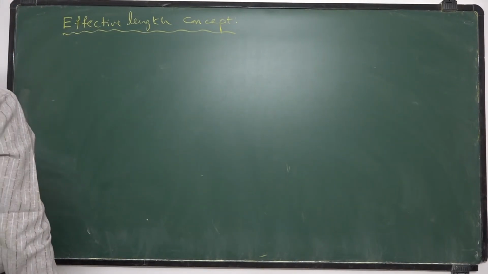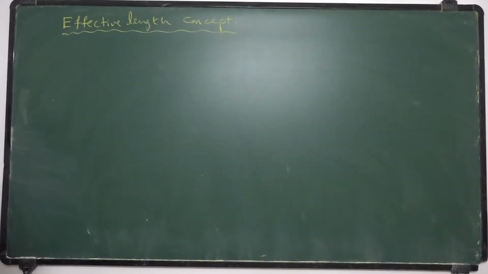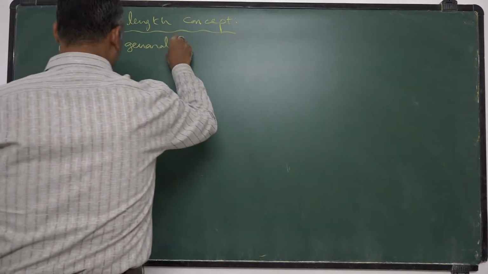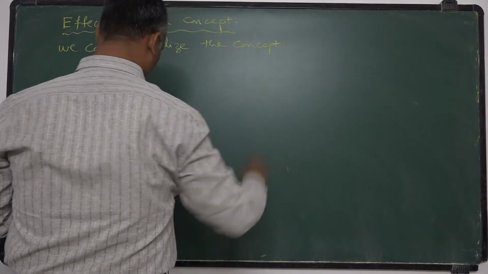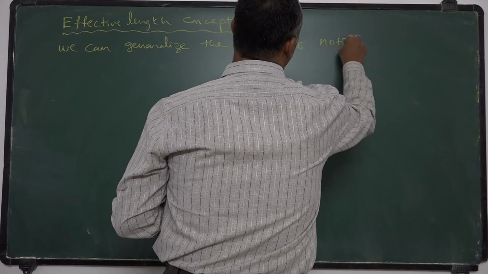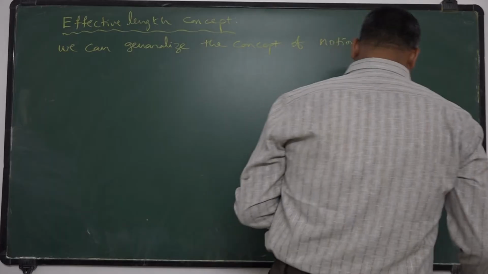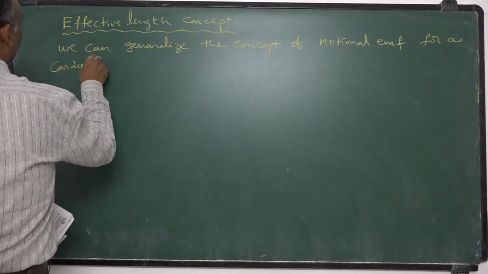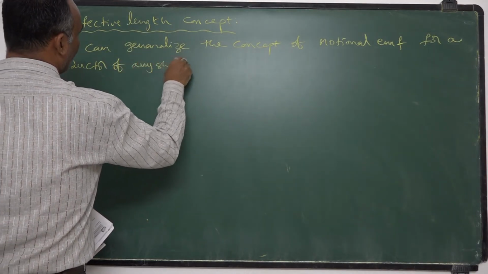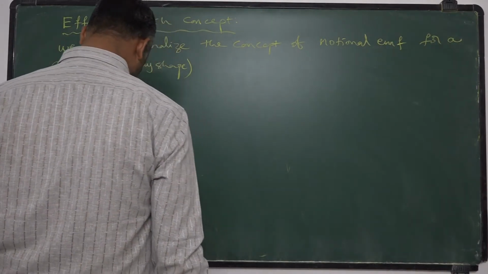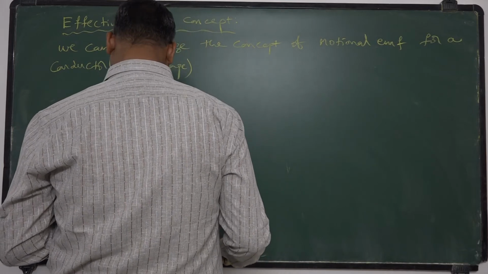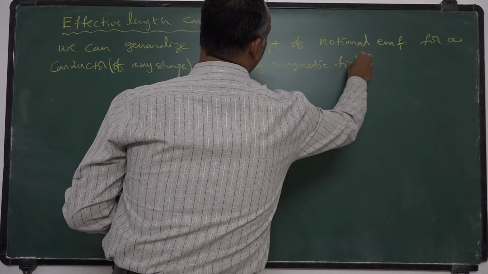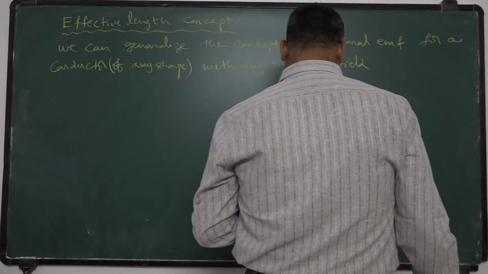So in this concept we are going to generalize the concept of motional EMF for a conductor of any shape, with any magnetic field, whether it is uniform or not.